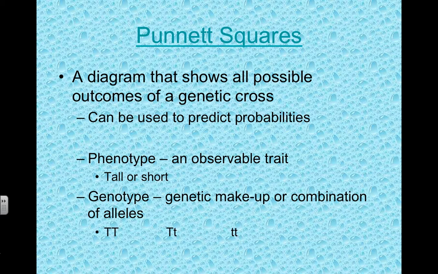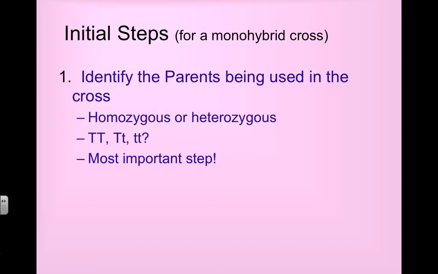So examples of genotypes would be two uppercase T's, an uppercase and a lowercase t, and also two lowercase t's. What those represent, whether they're tall or short, would be what the phenotype is going to be in the end.